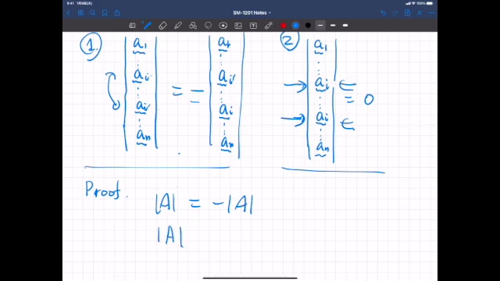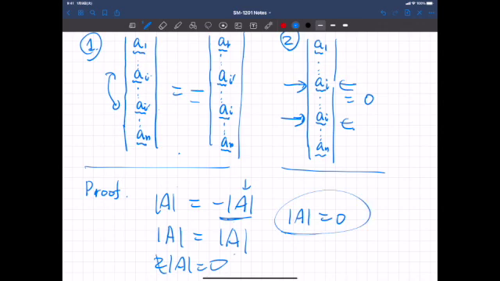No, this is the swapped version. So these two equations can hold if and only if this determinant is 0, right? To see this, just move this to the left hand side, then we have 2 times the determinant equal to 0, and divide by 2, it's 0.